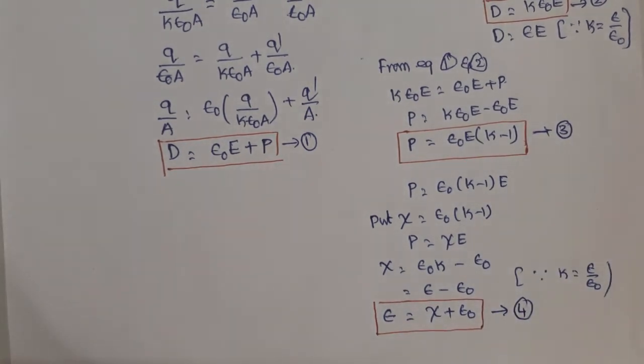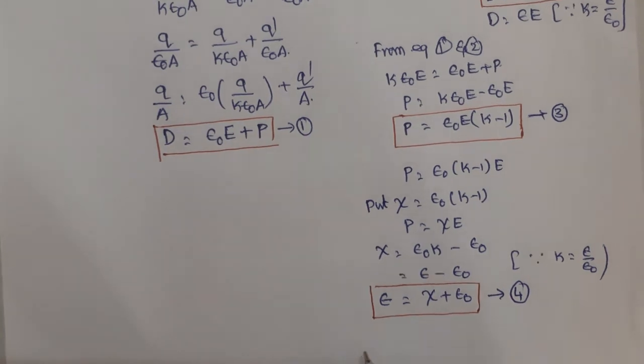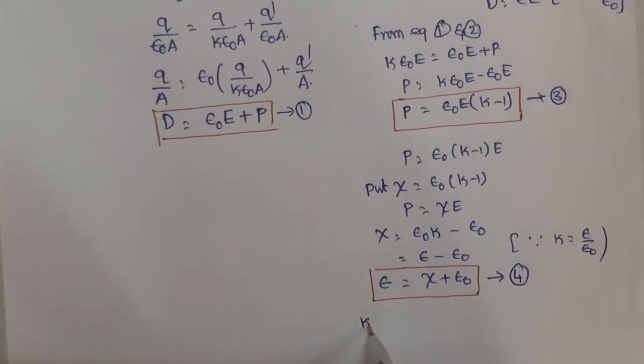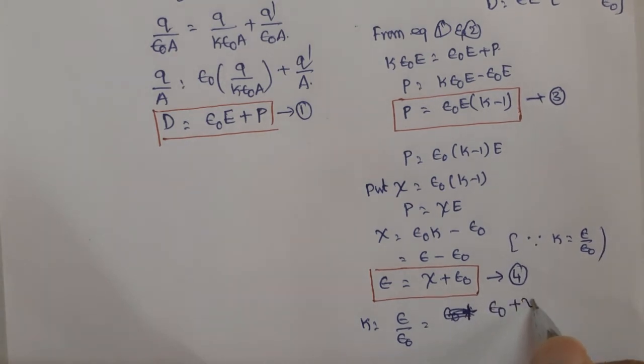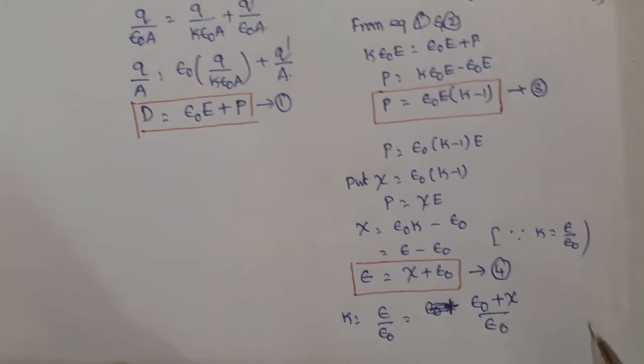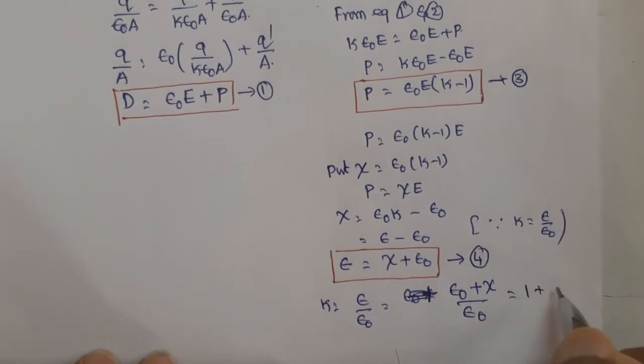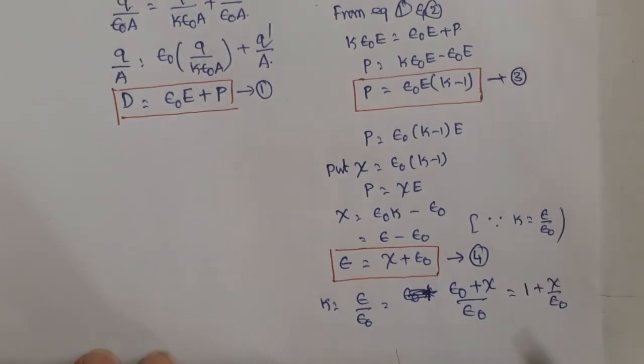And one more thing is that K is equal to epsilon by epsilon naught. Now epsilon is nothing but epsilon naught plus xi. That is epsilon naught plus xi by epsilon naught, which is equal to 1 plus xi by epsilon naught.